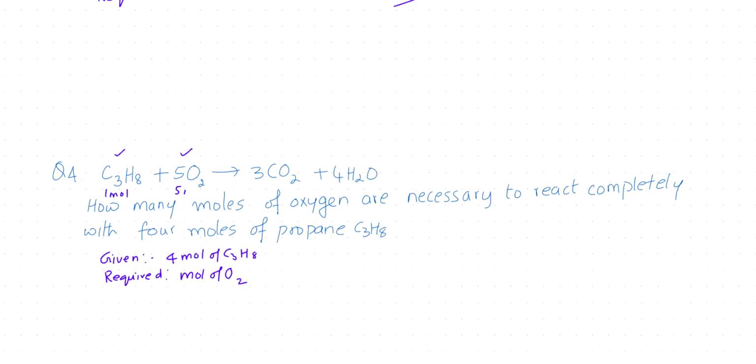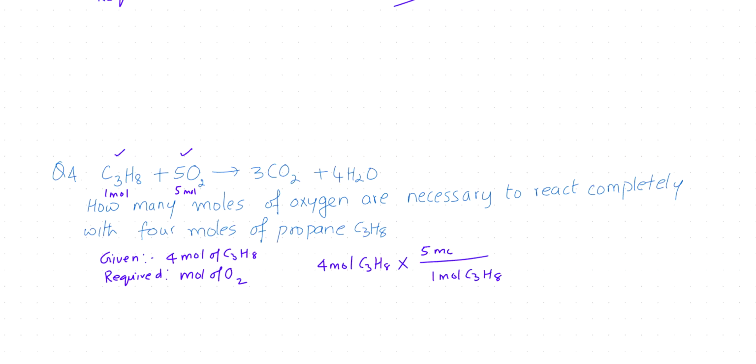So given amount, first we write 4 moles of propane, 4 moles propane times mole ratio. The mole ratio is 1 mole of propane requires 5 moles of oxygen. So moles of propane here, down we write 1 mole propane requires 5 moles of oxygen.